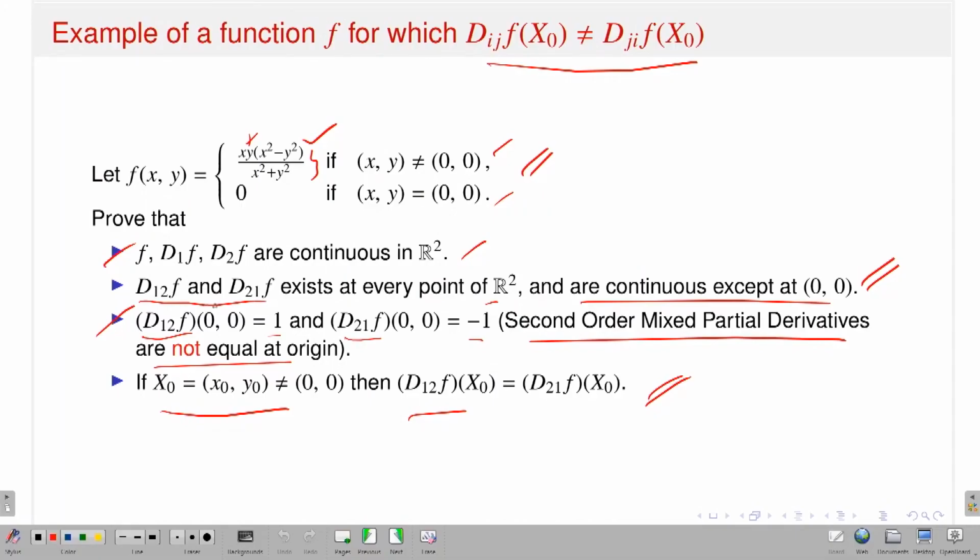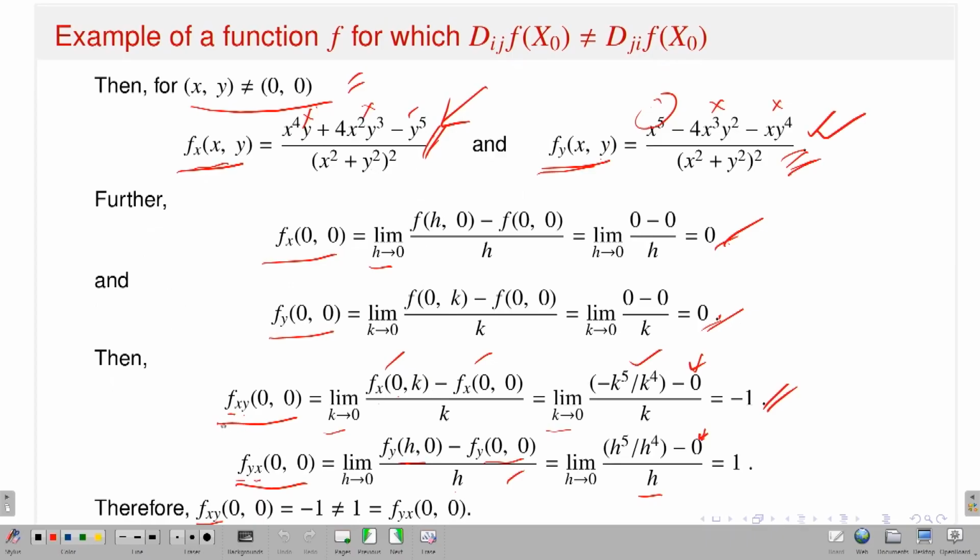At other points the function is nice, it is continuous, you can easily say. The mixed partial derivatives exist at every point of R^2; at (0,0) I already calculated, and it is -1 and +1, and f_xy and f_yx at any other point easily follows from this. So not an issue. You will again have all second order partial derivatives from R^2 to R, then you can talk about the continuity.